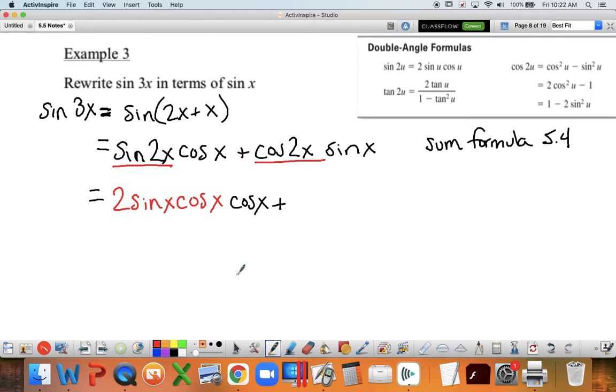Again, it's difficult to know which one to use. I'm going to use 1 minus 2 sine squared x, and then I still have that other sine x. Hopefully all will be revealed while we're doing this. Here is our double angle formula.